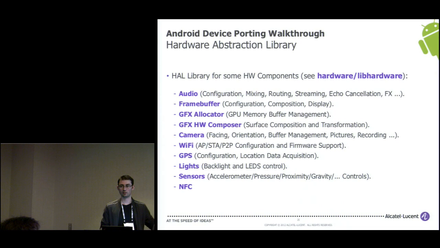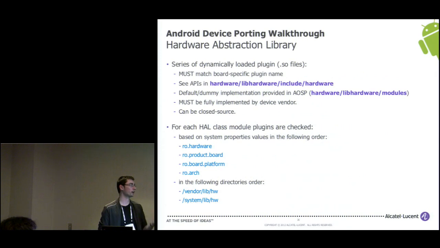So all of this might be specific. You may not need to modify a lot in this, but in some cases you still have to modify a few things, because you may find some chip that is not really working like the others, and you may have to work around that. Same goes for the GPS, the lights, and the different sensors, so you may have to modify that.